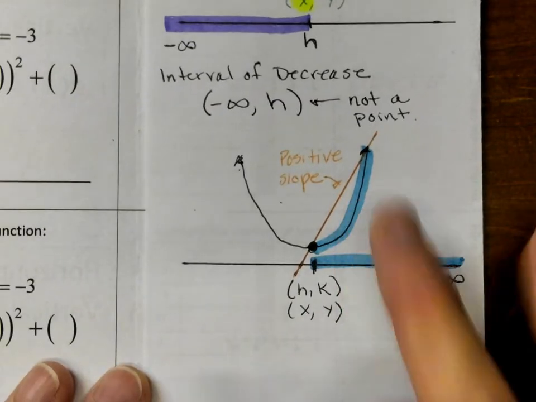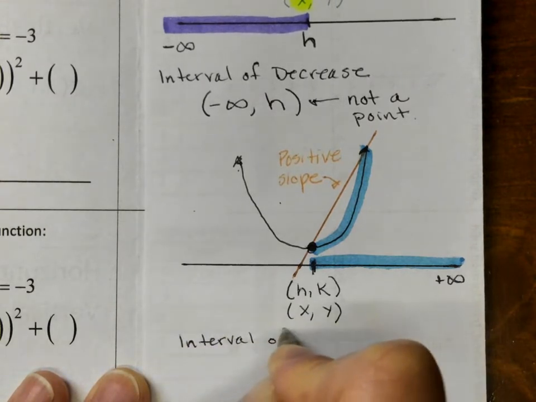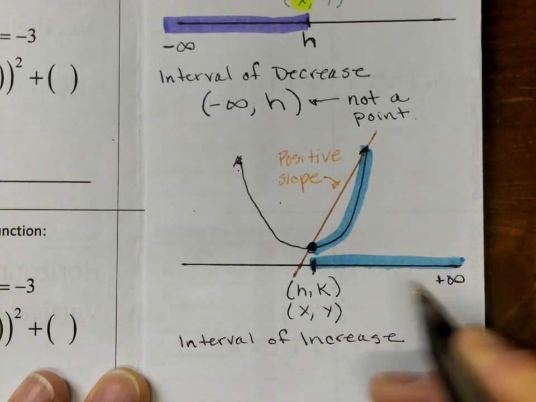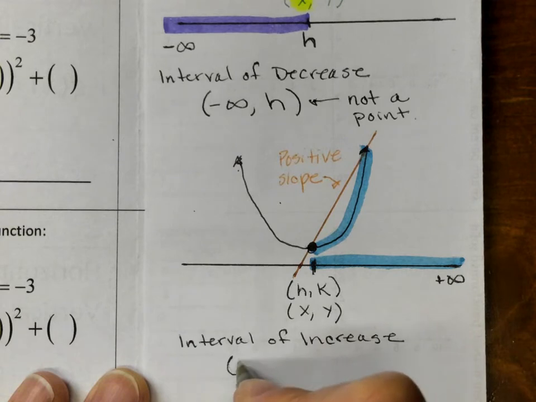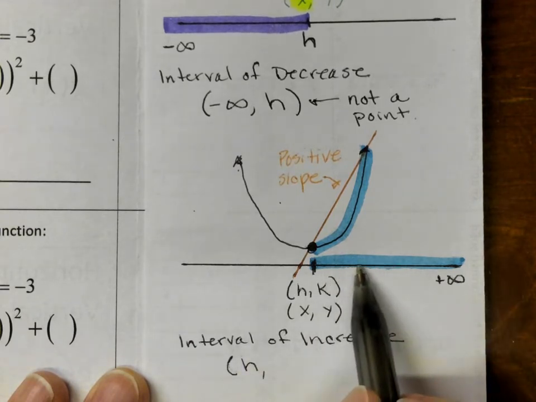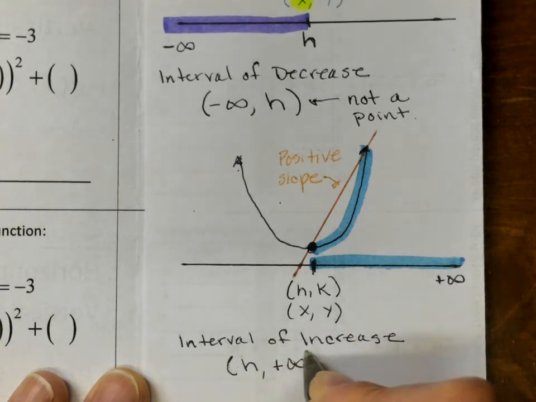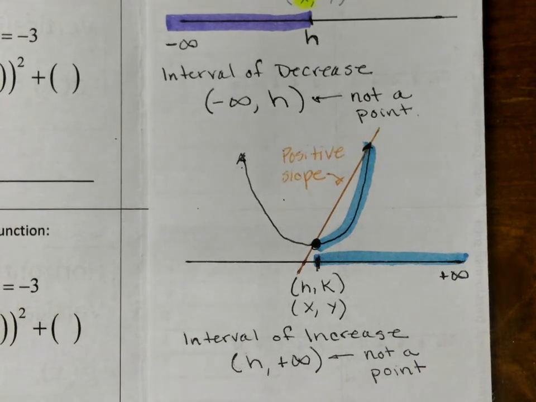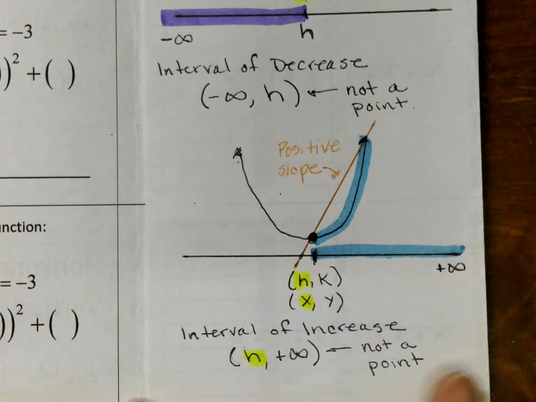Now on this one, I have an interval of increase, and that's going from whatever this value of h is all the way, every single number, up to positive infinity. And remember, this is not a point. Okay? Let's go ahead and highlight the h value here because that's what's important.